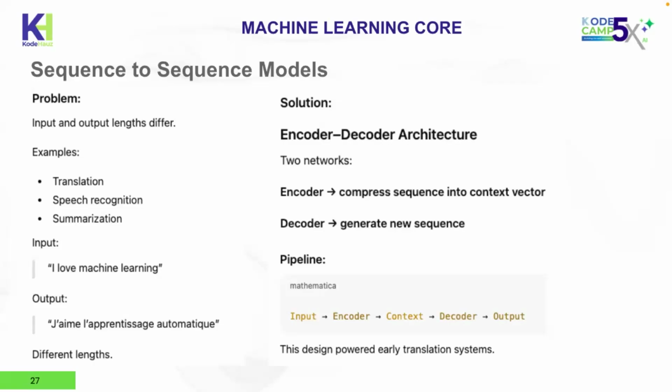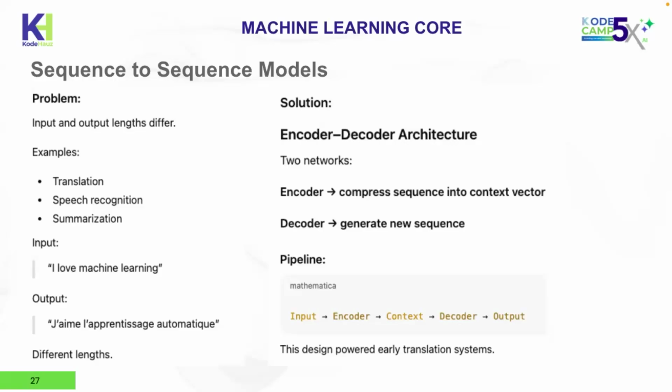That context vector basically represents the meaning. It typically is short, most times even shorter than the input sequence, because you're essentially compressing it.